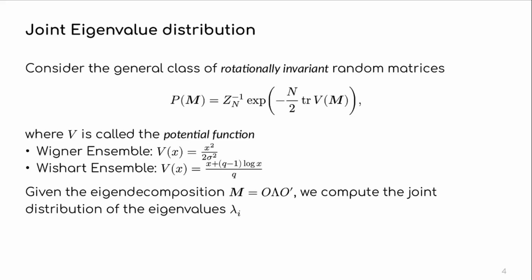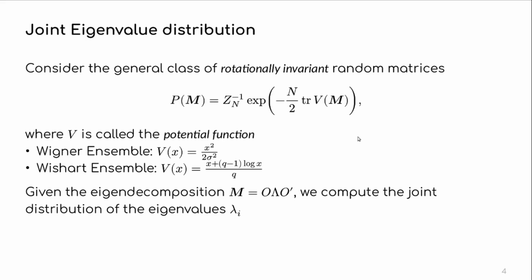The only interesting thing is the eigenvalue distribution. These matrices can be expressed in a general form as this: we have a normalizing factor Z, and the exponential of minus n over 2 times the trace of some function V of our matrix M. And V is called the potential function.